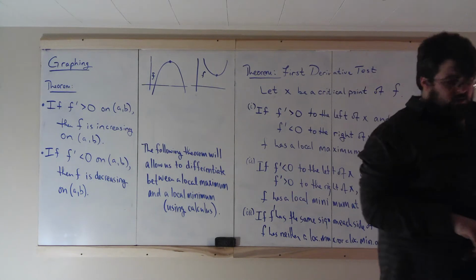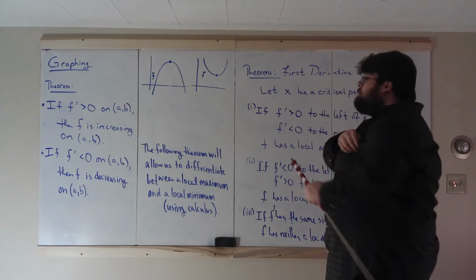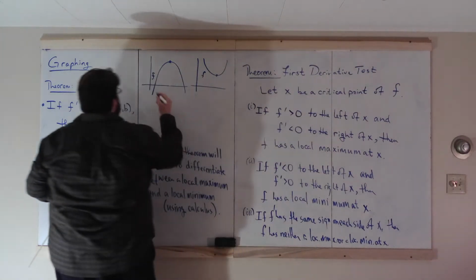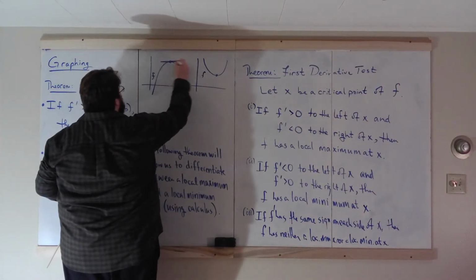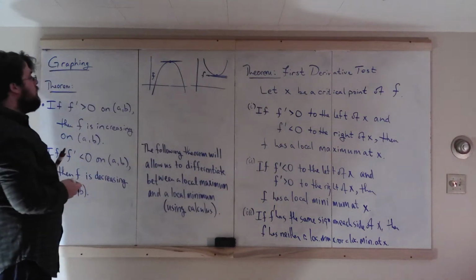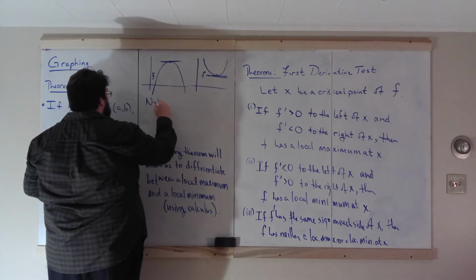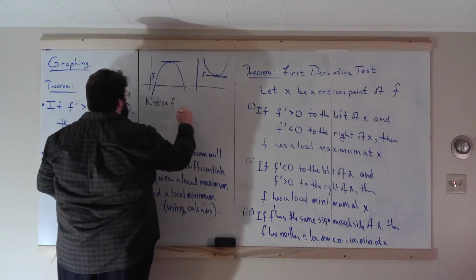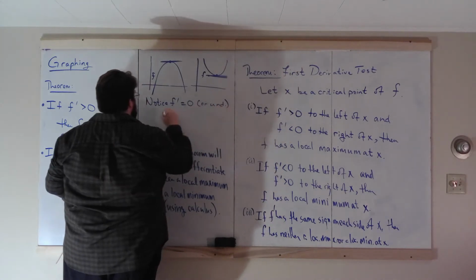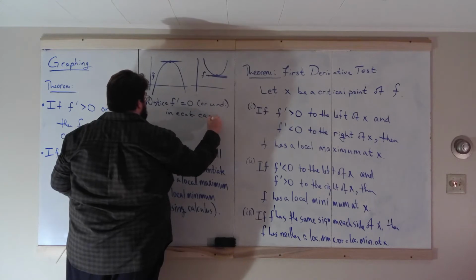Now, that's useful, and we're actually going to be able to use that in a moment, but to this point, one of our goals is to use calculus to differentiate between a local maximum and a local minimum. So notice f prime equals 0 or undefined in each case.